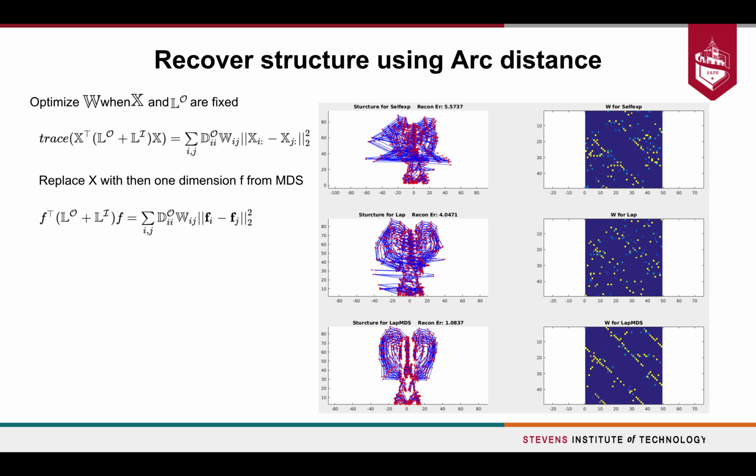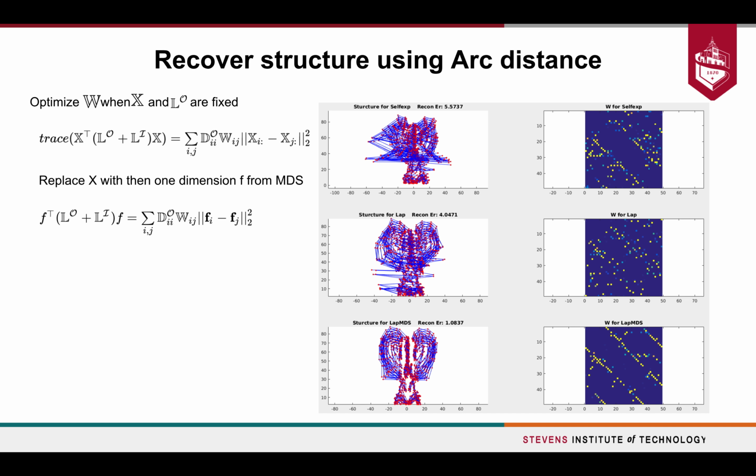And as we said, this Euclidean distance is a bad representation of the sequencing information. So we try to replace X with f, which is the one dimension data computed from our sequencing method. So this will better represent the sequencing information.